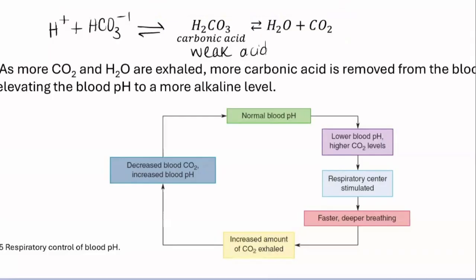So the equilibrium is going to shift in this direction. If the equilibrium shifts in that direction, that means that we're going to have more H plus. More H plus means lower pH.